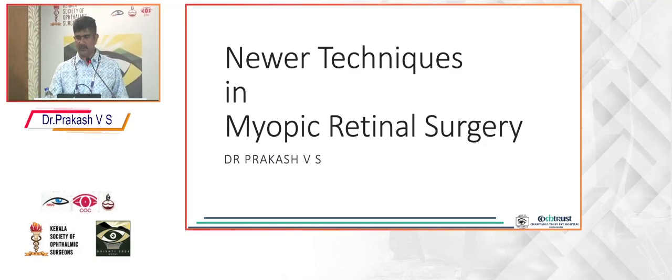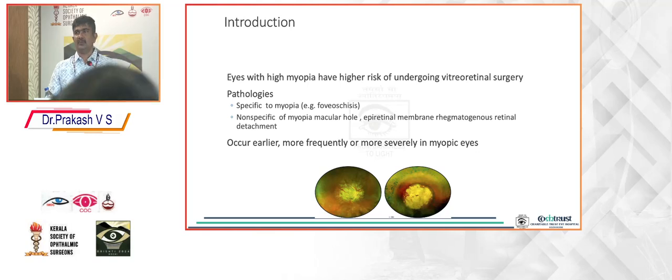So my talk is on newer techniques that we are using in myopic retinal surgery, and my job has been made very much easier by Dilish because he has described most of the surgical techniques that are currently used for myopic traction maculopathy. Myopic eyes are a peculiar group of eyes that are at risk for many complications compared to normal eyes.